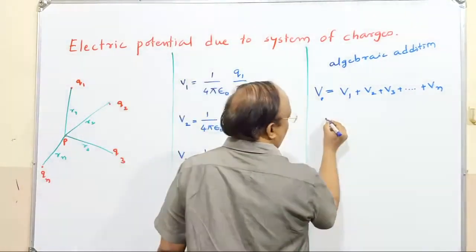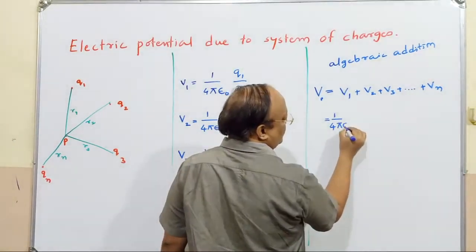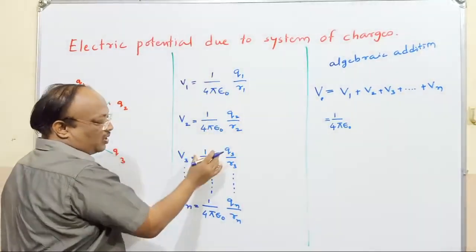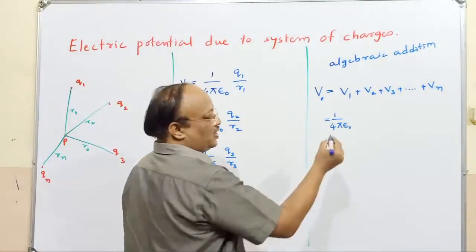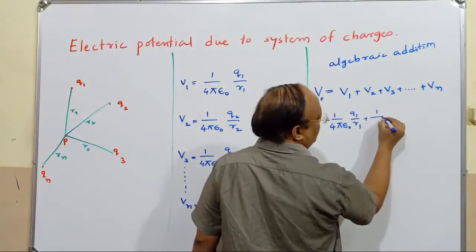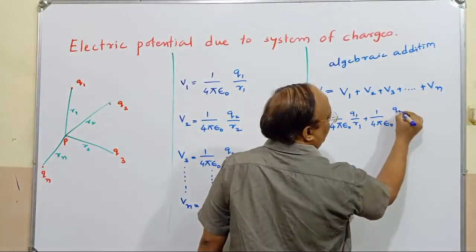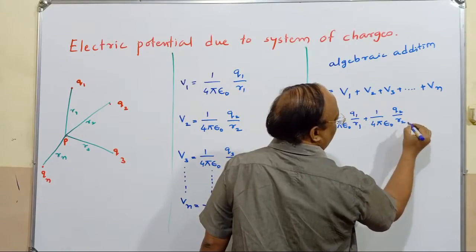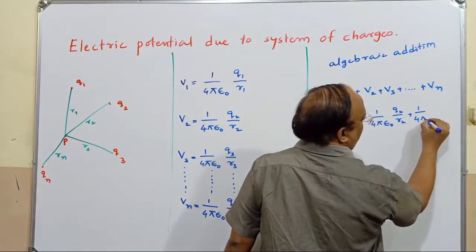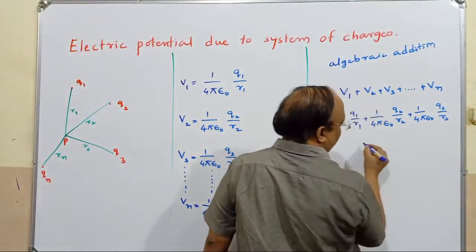So therefore, if I substitute these values here, 1 by 4 pi epsilon naught is common in all of these. So it is 1 by 4 pi epsilon naught Q1 by R1 plus 1 by 4 pi epsilon naught Q2 by R2 plus 1 by 4 pi epsilon naught Q3 by R3.